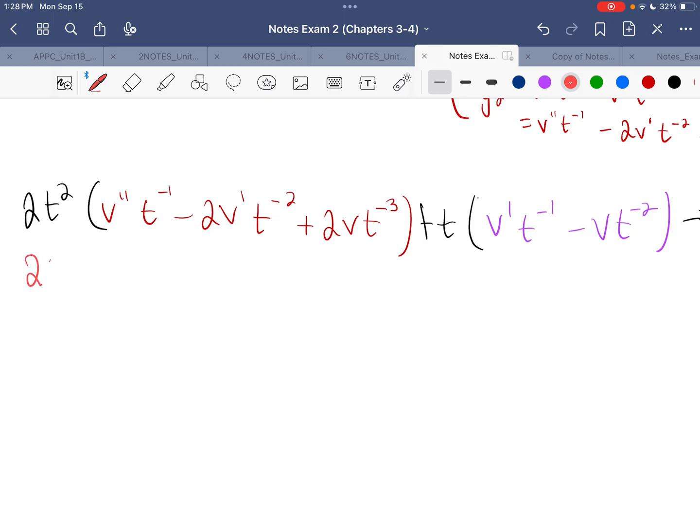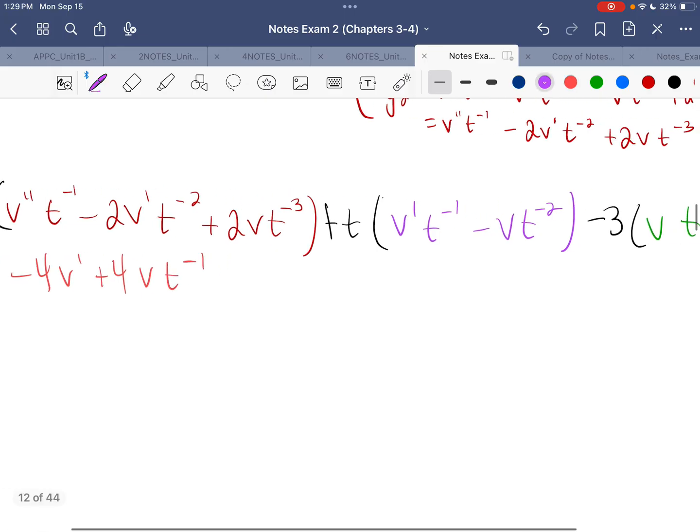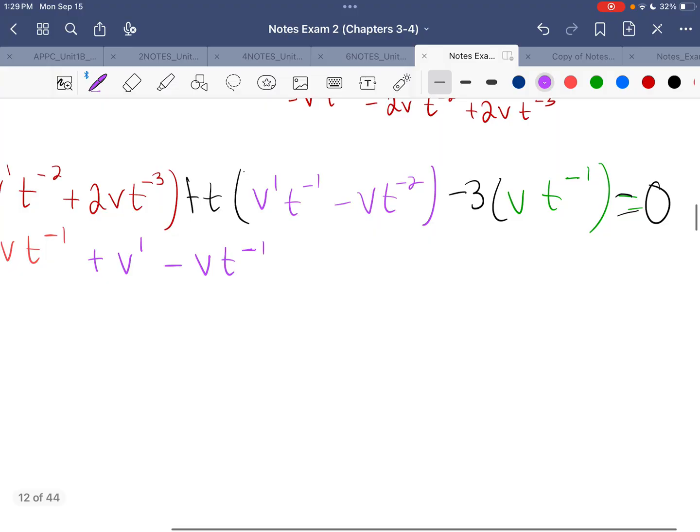Okay, so we got 2t v double prime minus 4 v prime, the t's cancel out, plus 4 v t to the negative 1, plus v prime minus v t to the negative 1 minus 3v t to the negative 1.